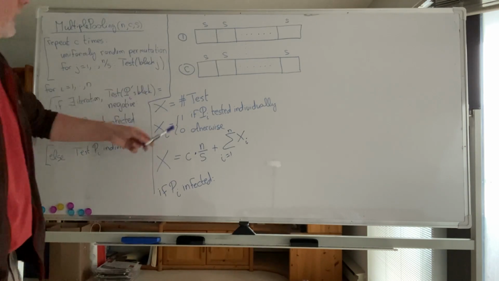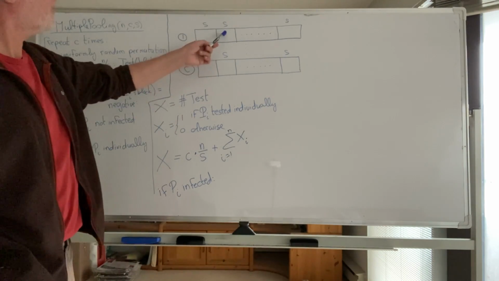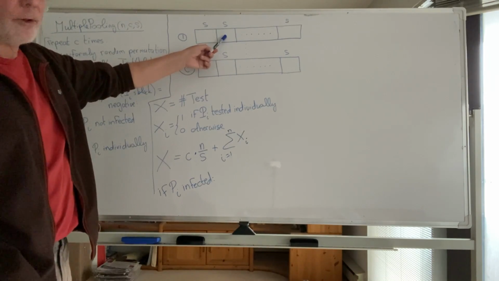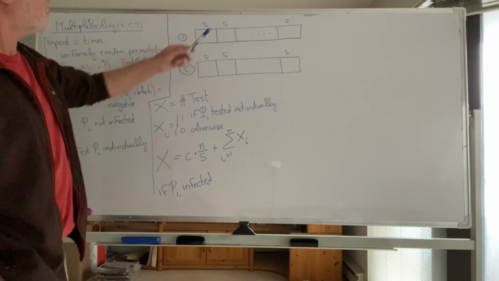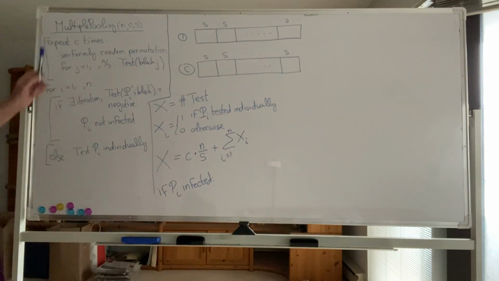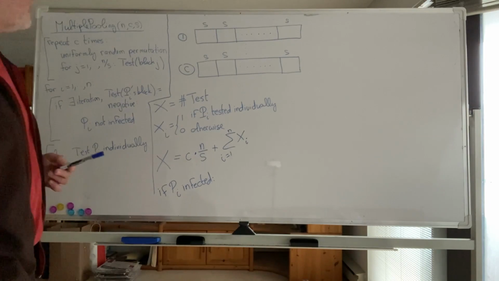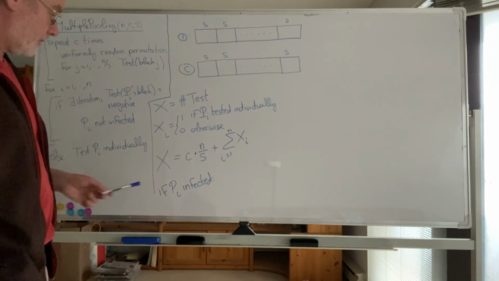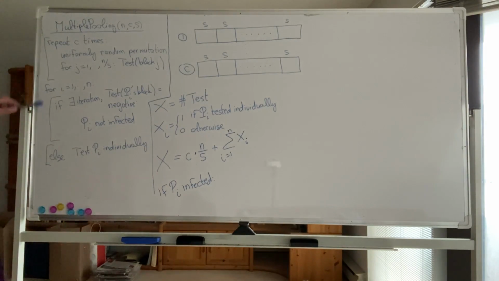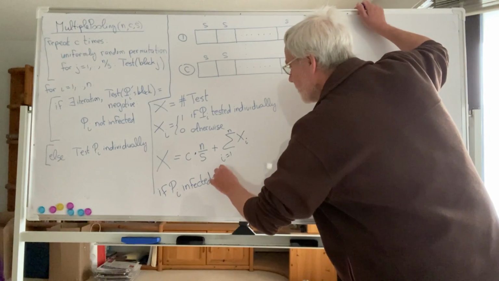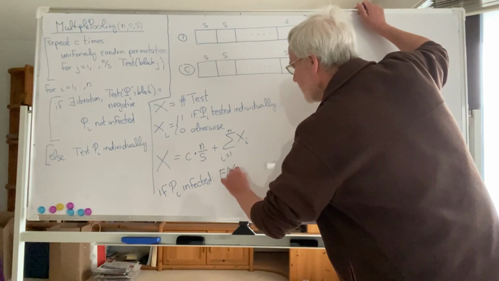The first time person i is in one of these blocks, if we run test on this block, the result will be positive. And this is also true for the second permutation we use, and it is also true for the last one. So if Pi is infected, then Xi is always equal to 1, because in that case we are always in the else case, and it doesn't matter which permutations we choose here. So as earlier on, the expected value of Xi is 1.